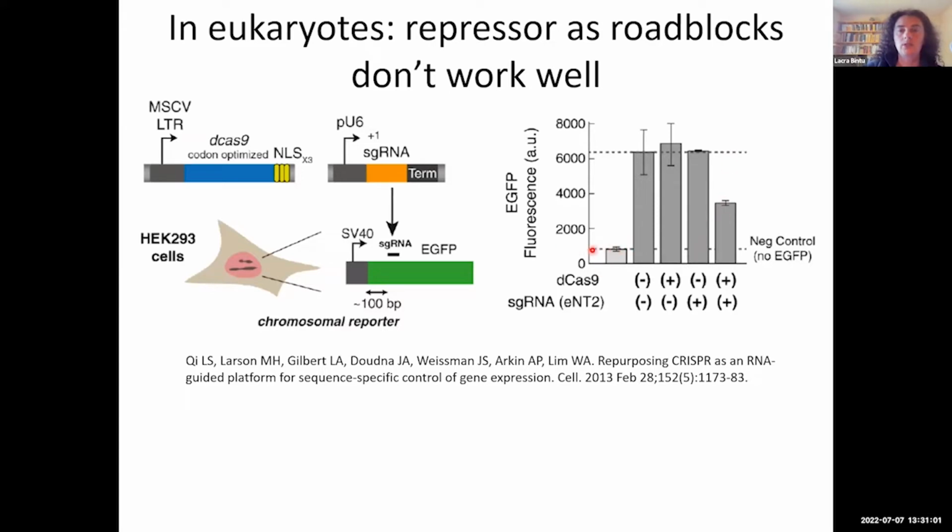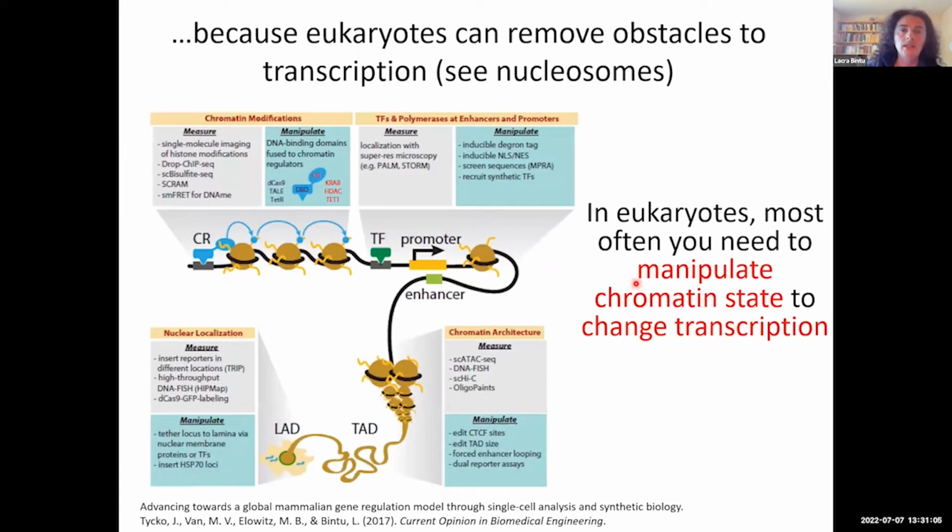It doesn't go completely to background levels. And why might that be the case? It's because in general, eukaryotes have nucleosomes, so they kind of learned how to get stuff out of the way of transcription. And also in eukaryotes, most often you need to manipulate the chromatin state to change transcription.